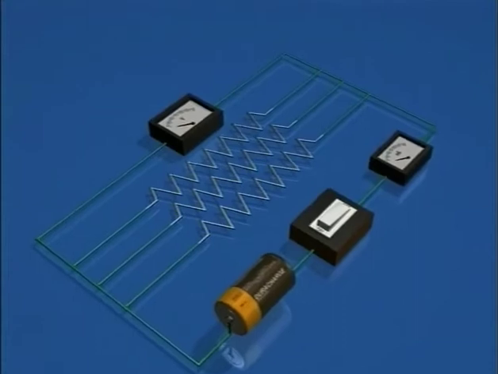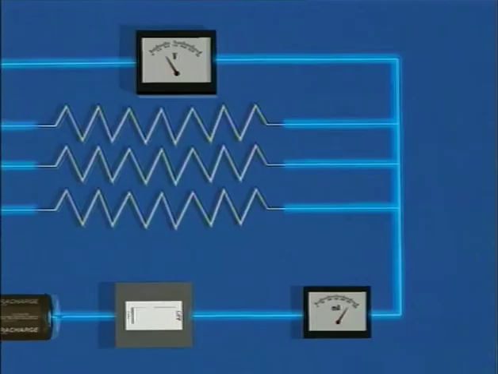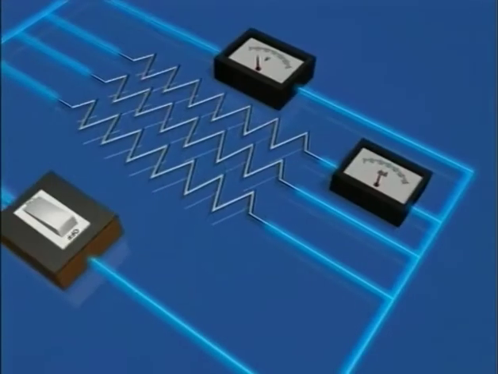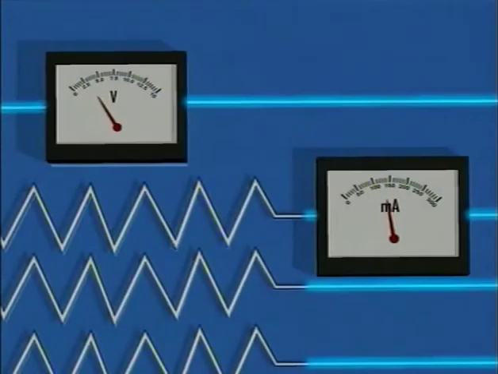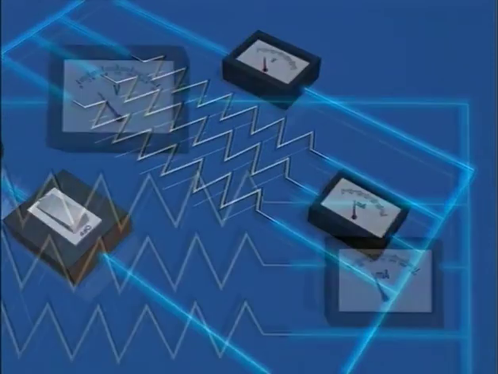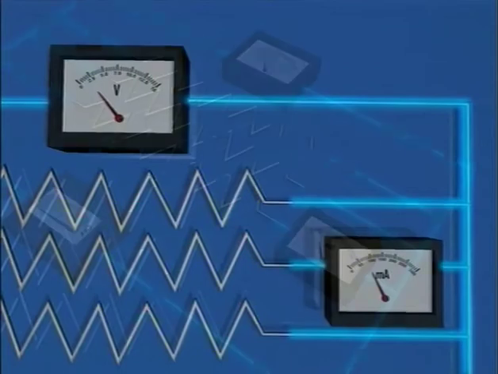Connect the circuit as shown. Plug the key and note the ammeter reading and voltmeter reading. Now, successively insert the ammeter in series and voltmeter across each resistance. Note the ammeter reading and voltmeter reading each time.